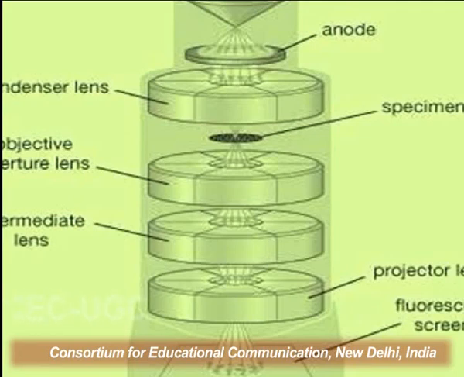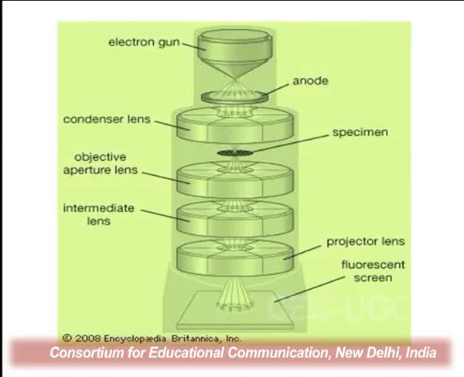From the top, the electron beam passes from the anode, then through the condenser lens, and falls upon the specimen.